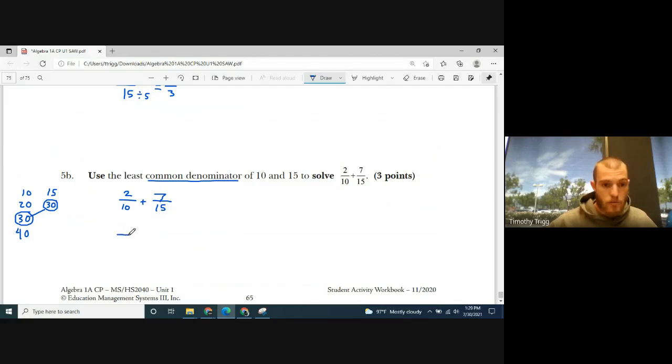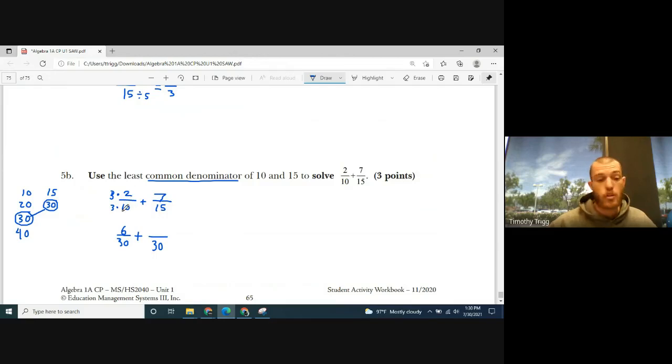So I change the first fraction into 30ths. And also I'm going to change that second fraction into 30ths as well. So 10 times what gives me 30? Well, 10 times 3 gives me 30. So that means I multiply the top, the numerator, by 3 as well. And that gives me 6 out of 30.